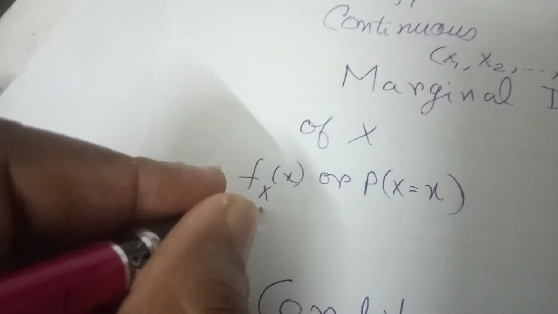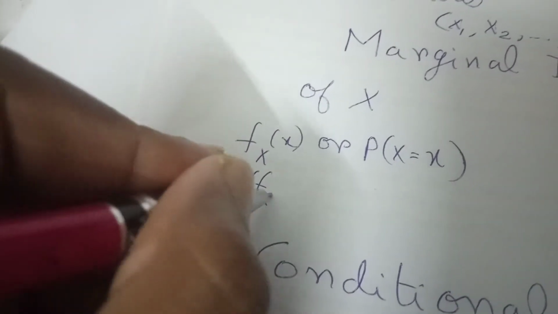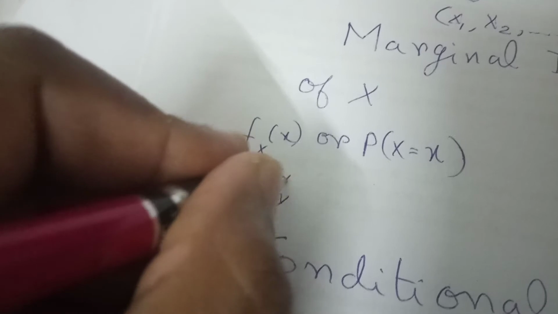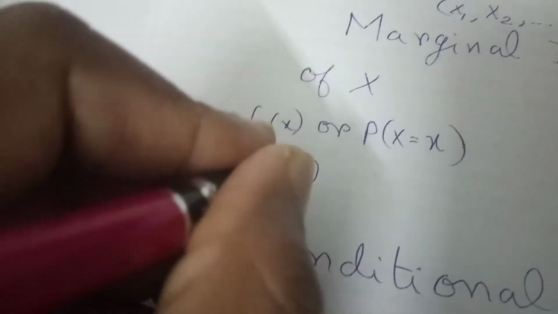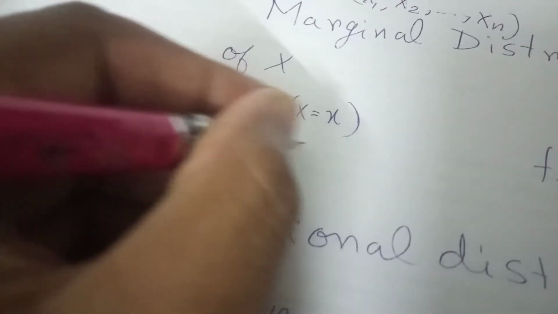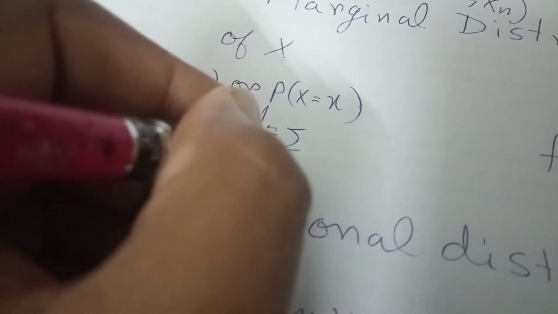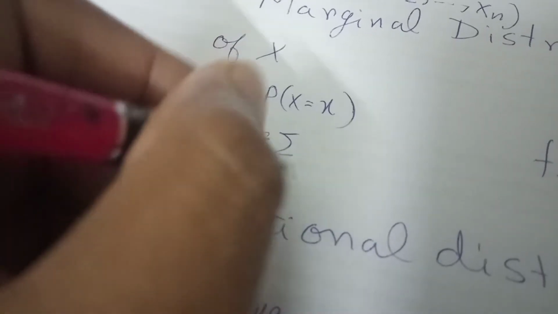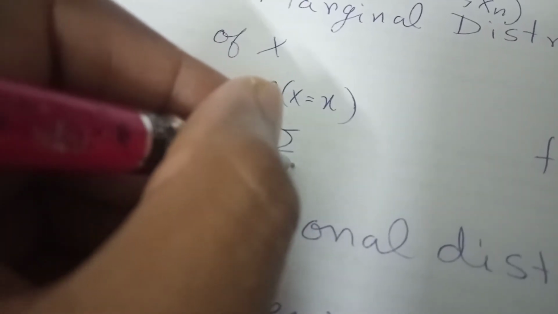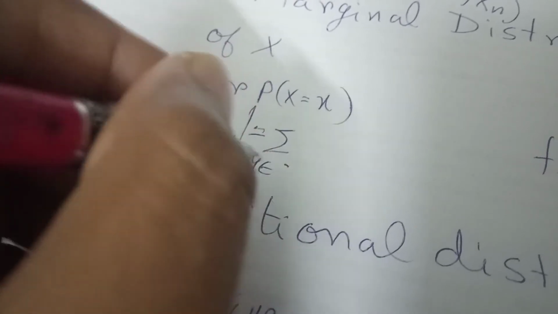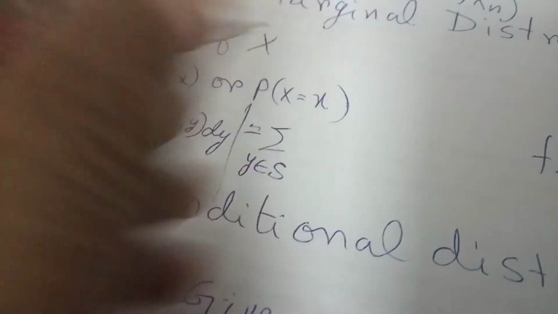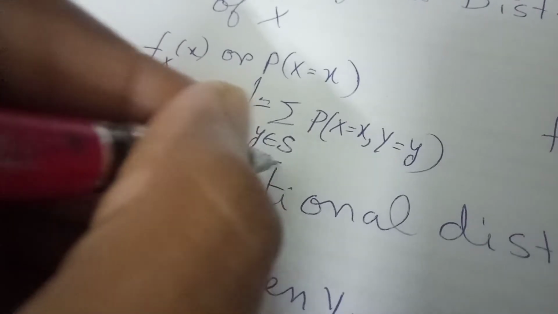This will be integration over all values of y of the joint density of x and y, the integration being naturally over y, and this one will be equal to the summation over all values of y. I'll tell you what this is: the probability X equal to x and Y equal to y, where S is the set of atoms.